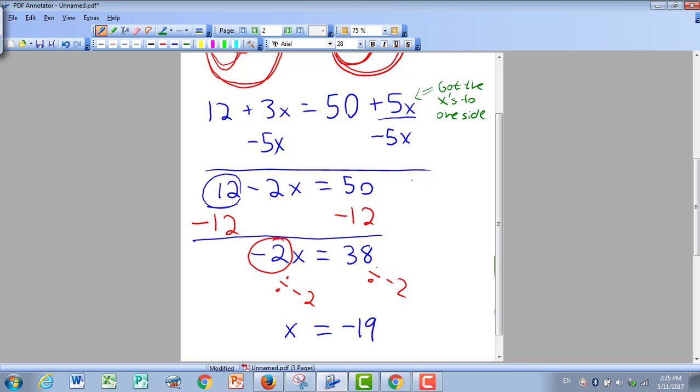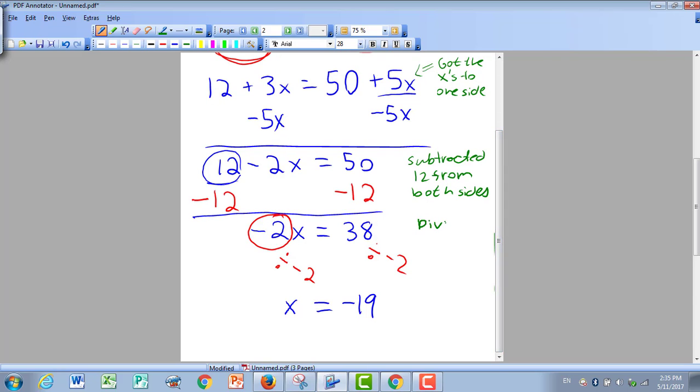And then I subtracted 12 from both sides. And then I divided both sides by negative 2. And I got the answer to be x equals minus 19. So we're going to check.